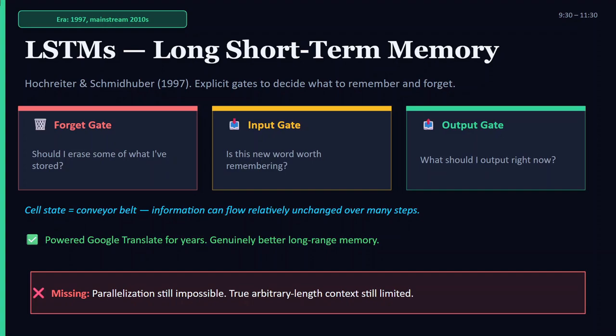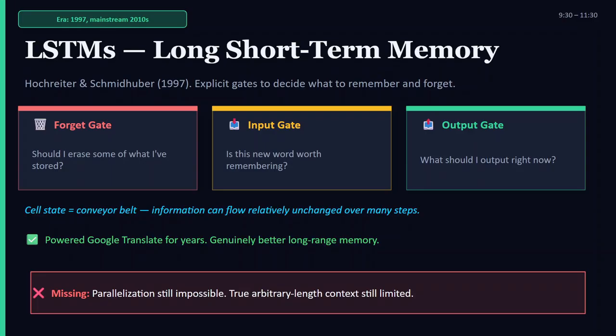Then input gate, it looks at is this new word worth remembering or not? And finally output gate, what should I output right now? This cell state is like a conveyor belt running through the sequence. Information can flow through it relatively unchanged for many steps. So the model can in principle remember something from 50 tokens ago.